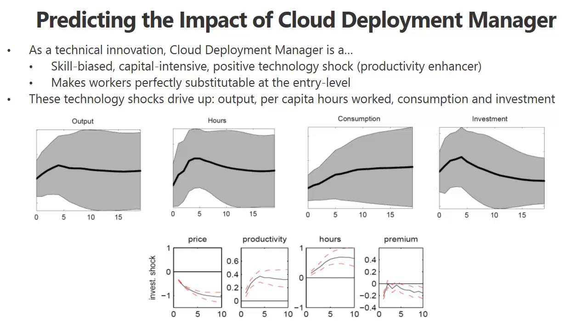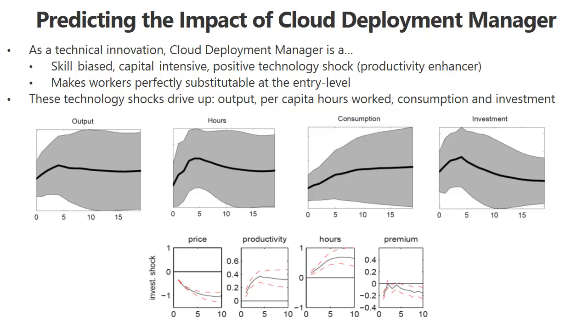Past technologies show that the kind of shocks created by products like Cloud Deployment Manager drive up output as measured by gross revenue, per capita hours worked, consumption, and investment. In this slide, the figures show the results from econometric models of previous technology shocks akin to the present one.